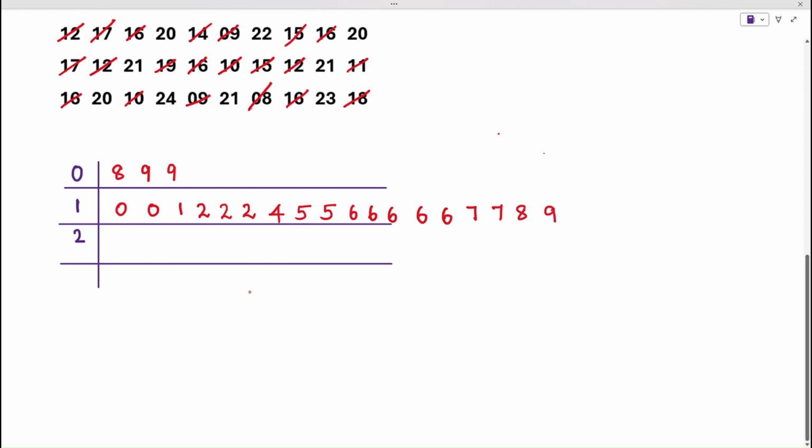And now that we've hit the end for that, we're going to go into our numbers that have a 2 in the tens column. So starting off with 20, we have 3 20s, so we're going to write 0 3 times. Next we have 3 21s.